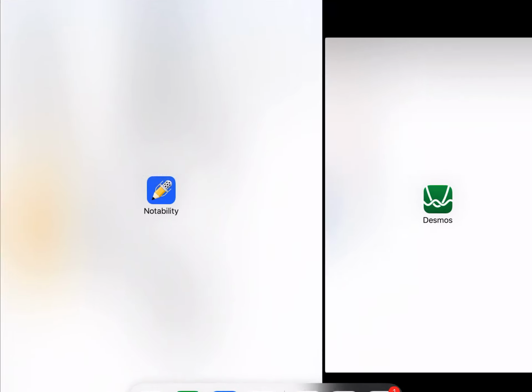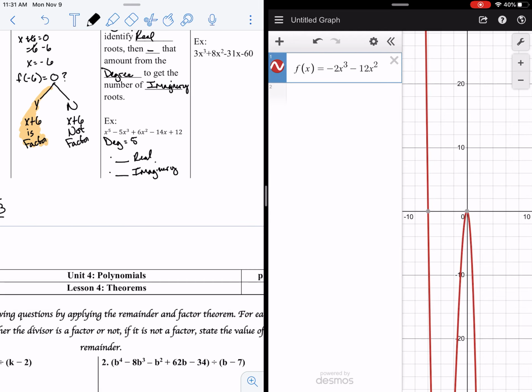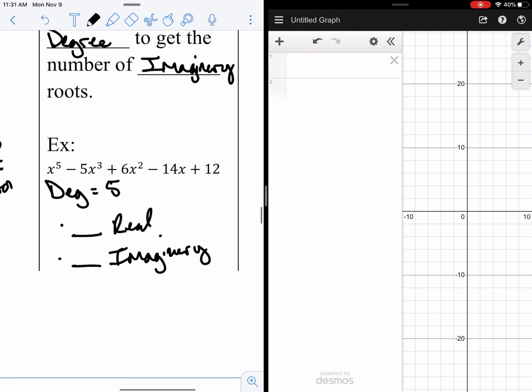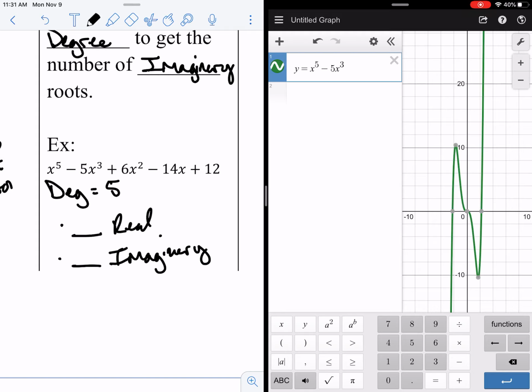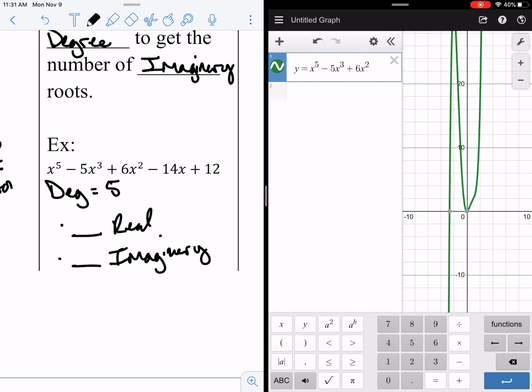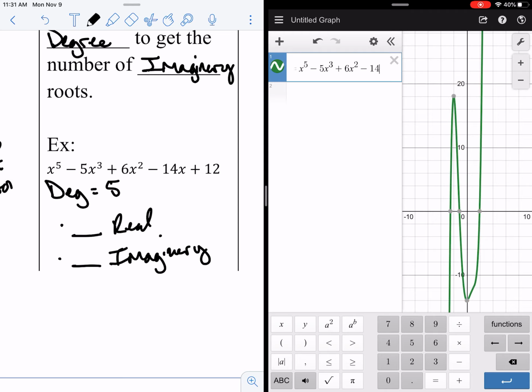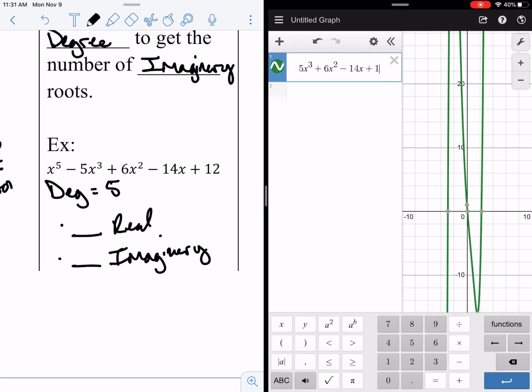So to figure this out, just pull up Desmos. I can go y equals, or f of x equals x to the 5th minus 5x cubed plus 6x squared minus 14x plus 12.